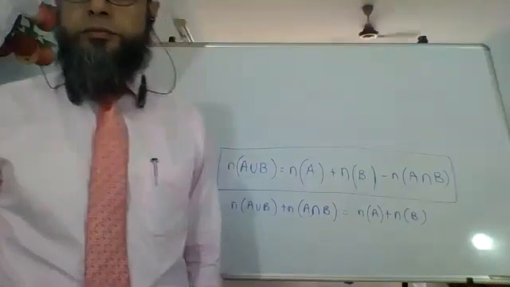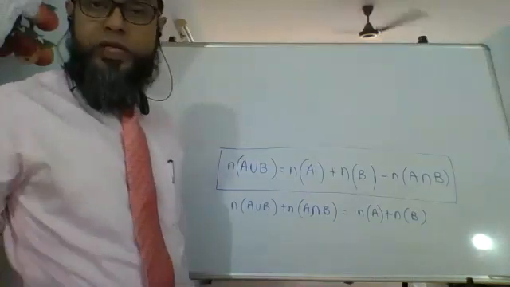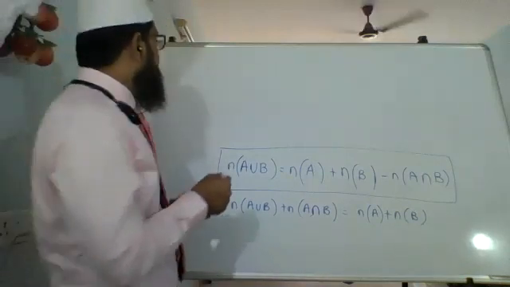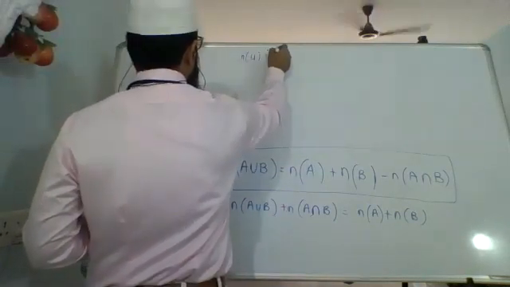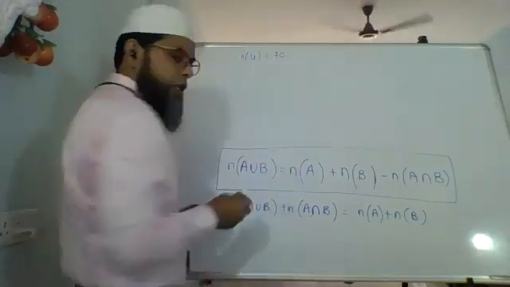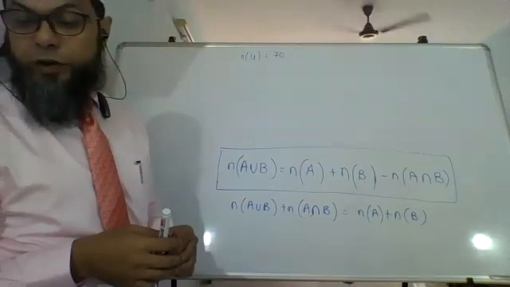Okay. Now, in a class of 70 students, total students is 70. That means the universal set, that is N of U is 70. This is the total, it is not more than this. Okay. 45 like to play cricket.